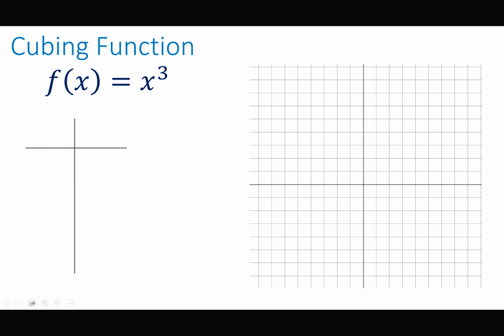Okay, the cubic function. This is another one that you should know, be comfortable with. If you see a cubic, you automatically know in your mind what this one looks like. All right, so again, we can think of it as y equals x cubed. So let's start trying some numbers.